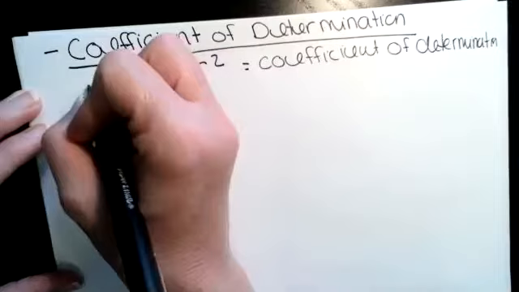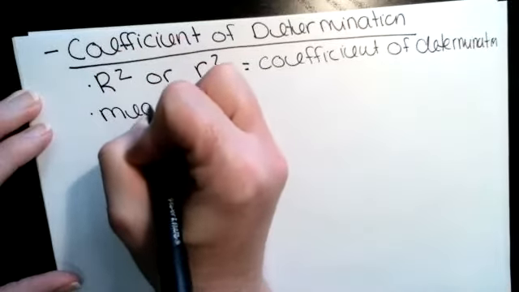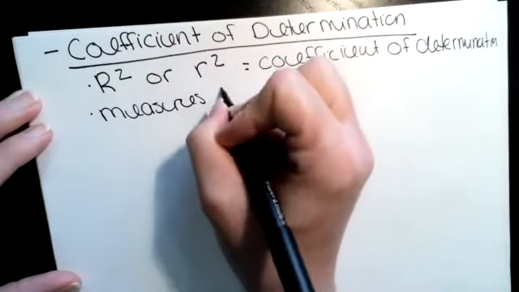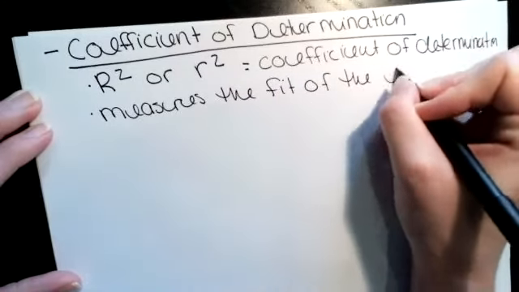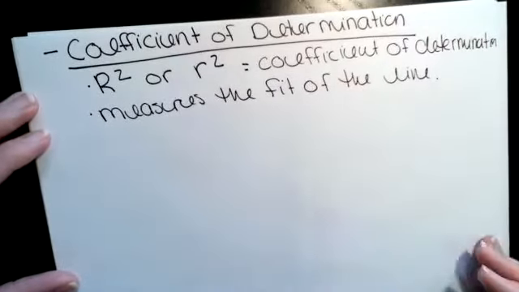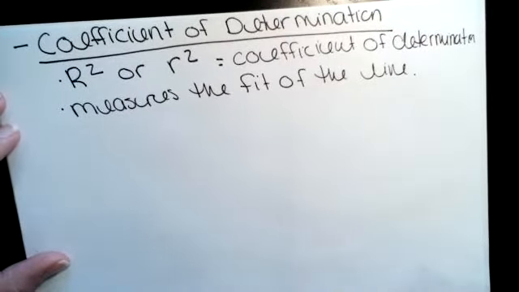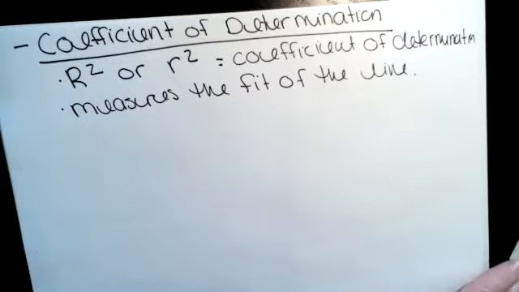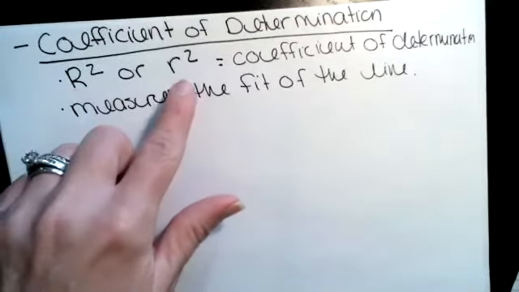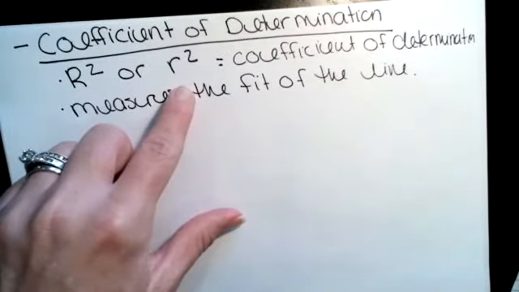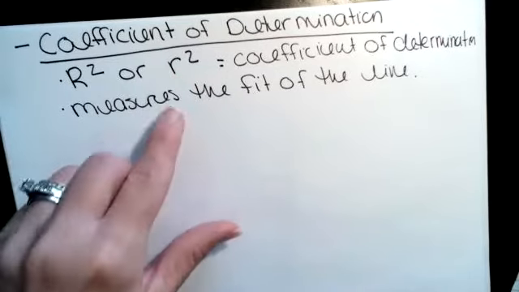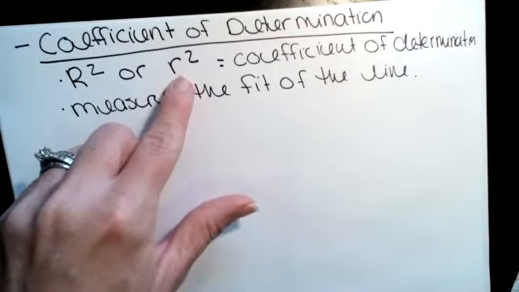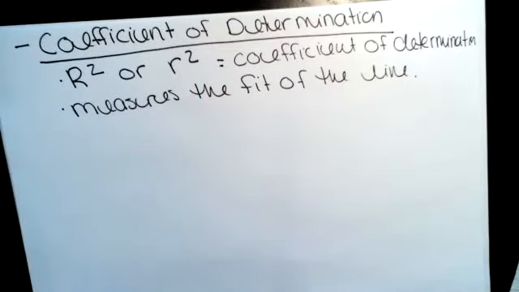And this measures the fit of the line. And in our case, since we're studying the least squares regression line, it measures the fit of the least squares regression line. Okay. So r squared, capital or lowercase, in our case means the same thing, because we are studying the least squares regression line, and our determination coefficient is our lowercase r squared.